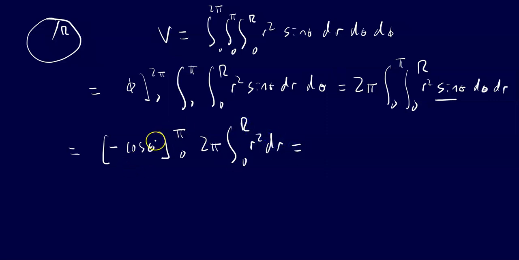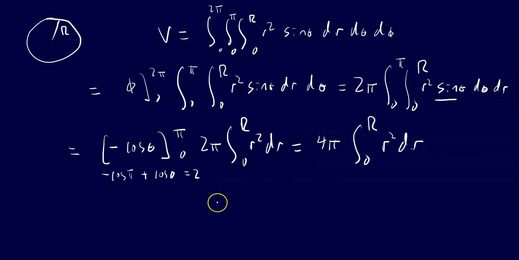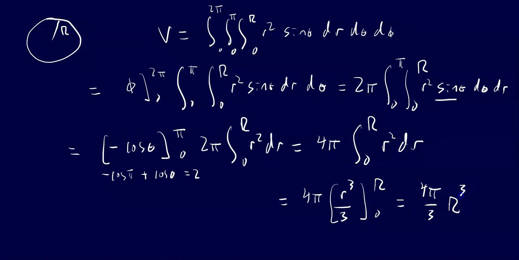When you plug in theta and 0, this is going to give us a factor of 2, right? So this will be negative cosine pi plus cosine of 0, which is going to equal 2. And so that'll leave us with 4 pi times the last bit of the integral here. In this case, it'd be 4 pi times R cubed divided by 3, from 0 to R, which when we're all said and done, gives us our equation for the volume of a sphere.